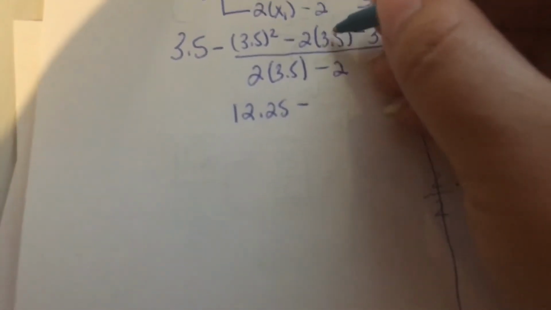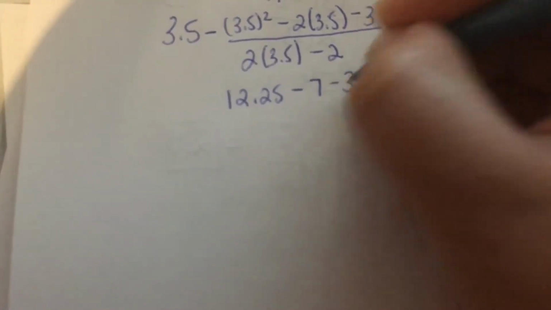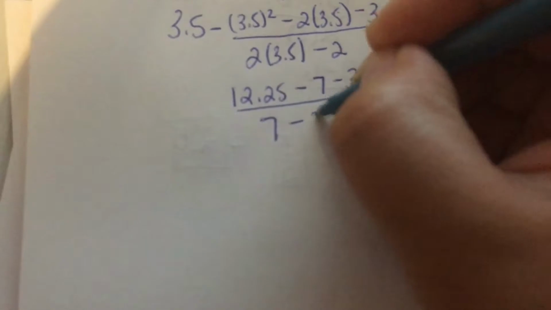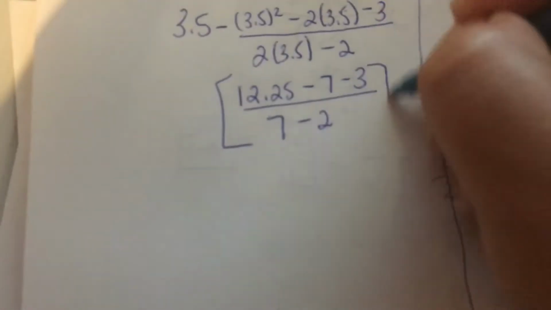So, from what I know, 3.5 squared is just 12.25, minus 2 times 3.5, that'll give you 7, minus 3, over, again, that's just 7 minus 2. Great.